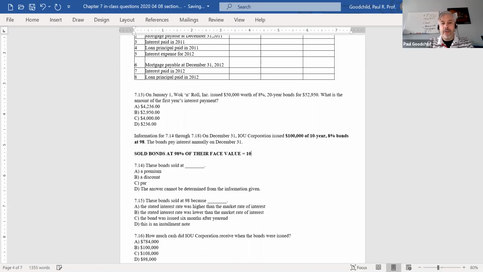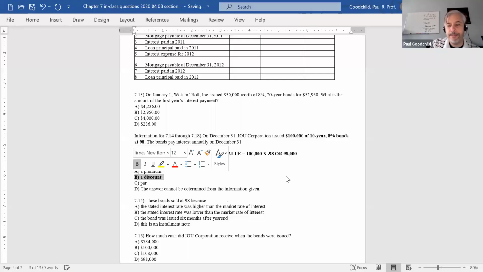So that equals 100,000 times 0.98, or $98,000 is what they received. So these bonds sold at a discount.